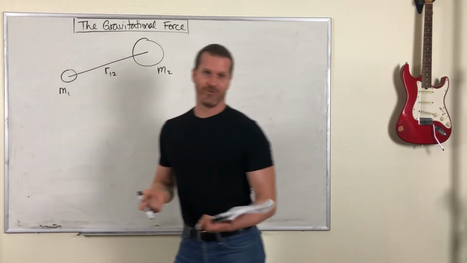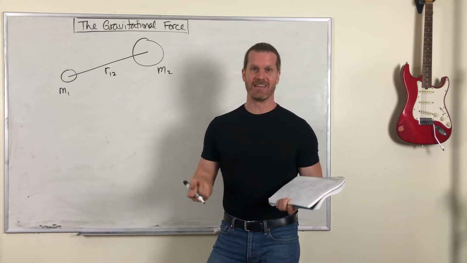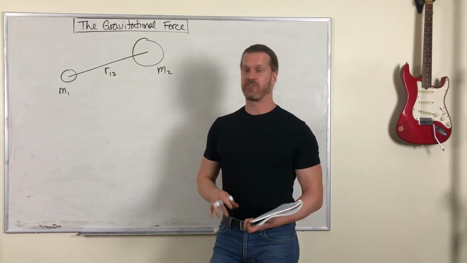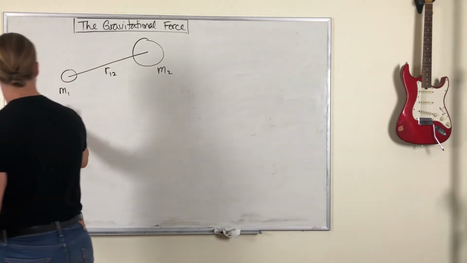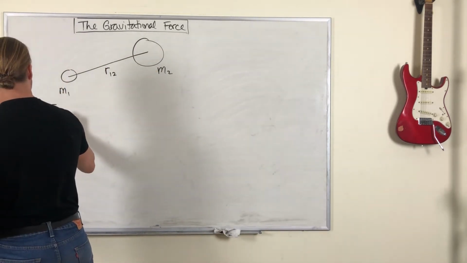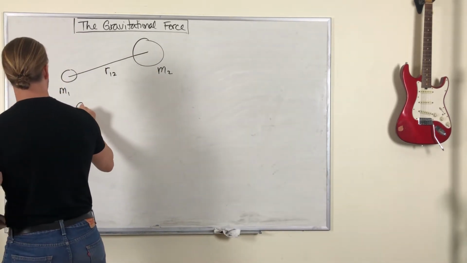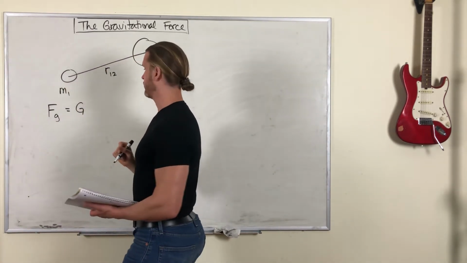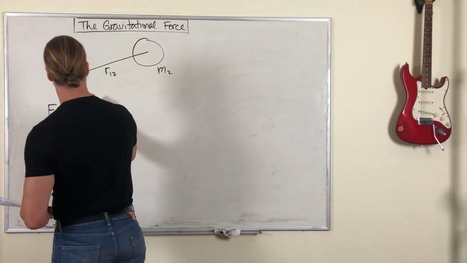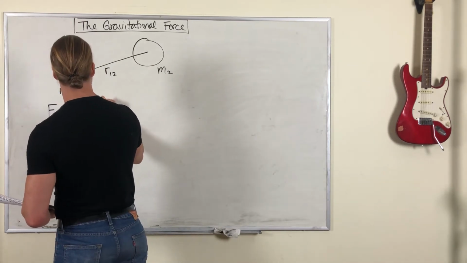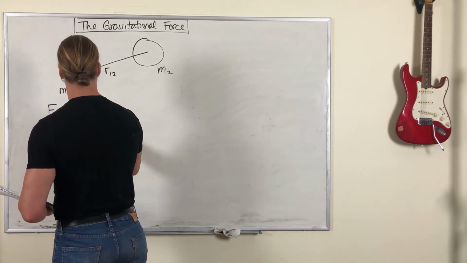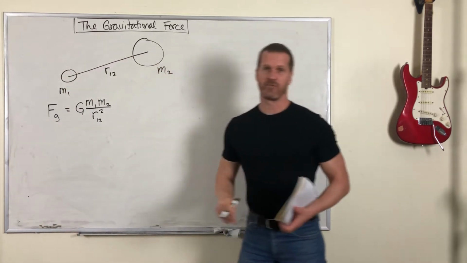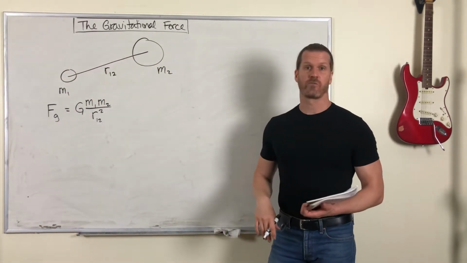Now, Isaac Newton, among his many discoveries, figured out that the gravitational force equals this constant number called capital G times the mass of object 1, the mass of object 2, divided by that distance between those two objects squared.